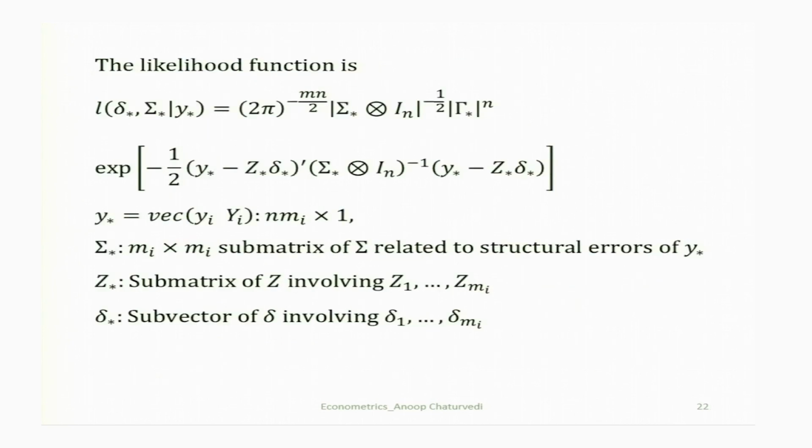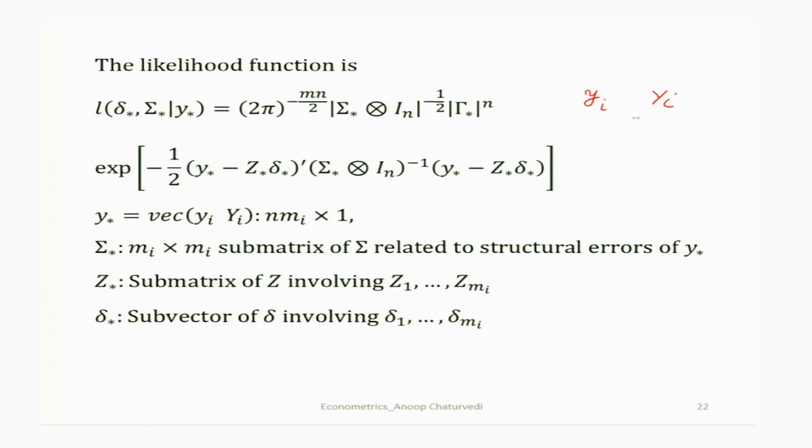Now, we write the likelihood function. So, under the assumption of normality of disturbances, the likelihood function is say L(delta star, sigma star given y star), where actually y star is equal to the vector of small y_i, capital Y_i, means you consider small y_i and capital Y_i, and you write all the elements in the form of a vector.